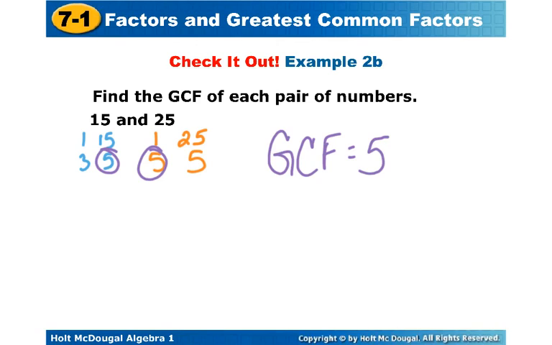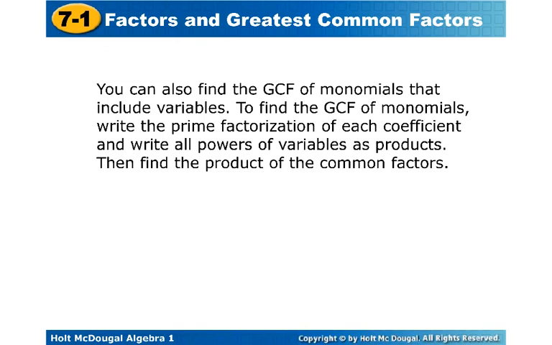So that is greatest common factor when just dealing with numbers. What we're going to be looking at now is moving into using our monomials. So you can also find GCFs of monomials, and that also is going to include now variables as being part of the GCF. So in order to find a GCF of monomials, what you guys are going to want to do is write the prime factorization of each coefficient, and then you're going to write all the powers of your variables as products.